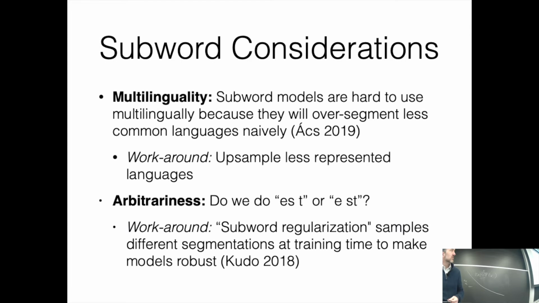So there are two important considerations when using these models. The first is multilinguality, as I said. Subword models are hard to use multilingually because, as I said before, they give longer strings to more frequent strings.